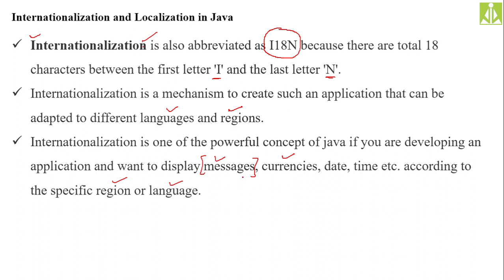So definitely we have to look after such messages as well. Then currencies will change according to the region. The date and time will also change according to the region. So when you are doing the internationalization of your application, you definitely have to focus on these things.